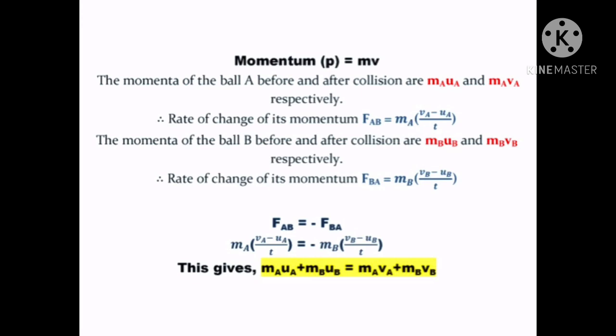In the same way, the momentum of ball B before and after collision are MB times UB and MB times VB. Therefore, the rate of change of momentum FBA equals MB times (VB minus UB) divided by t.